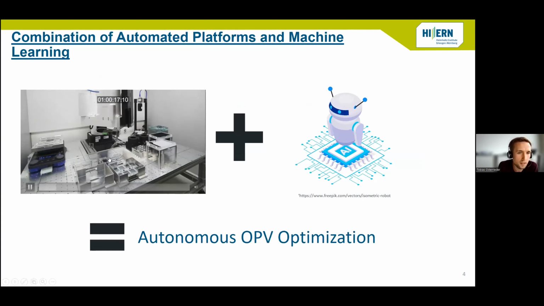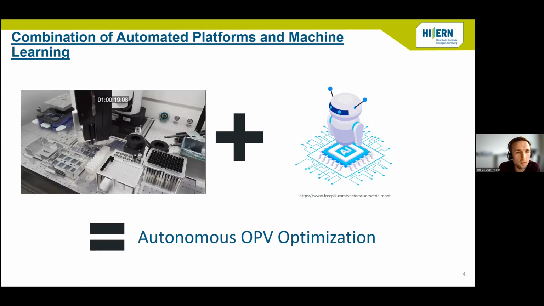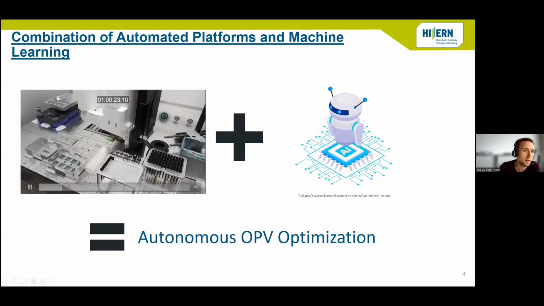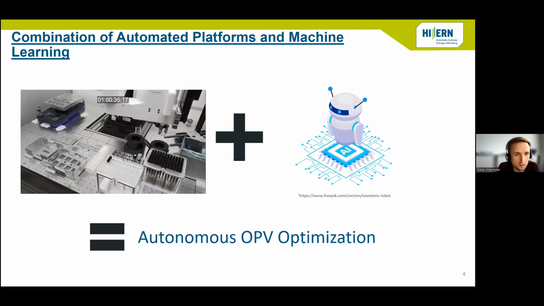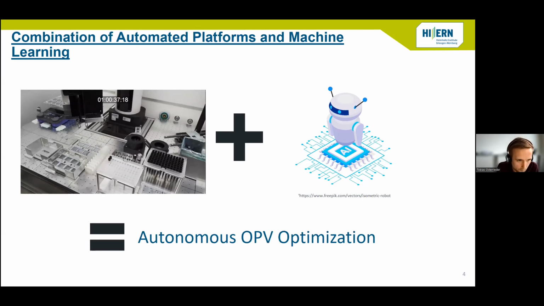Also, the substrates can be transported individually by the robot. And here you can see our spin coater. After the robot is done, it can anneal the samples and put them back in those metal containers. And then we can use the stack and transport it to a different station, for example, to an evaporator or to some kind of measurement equipment.